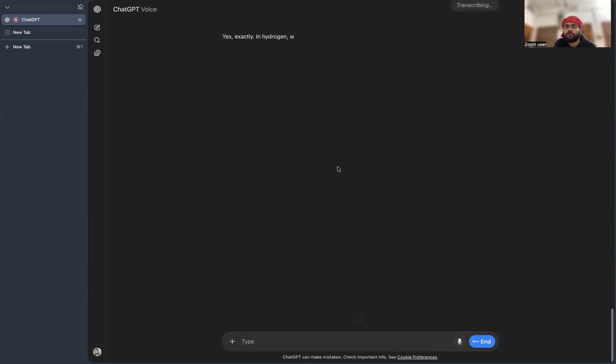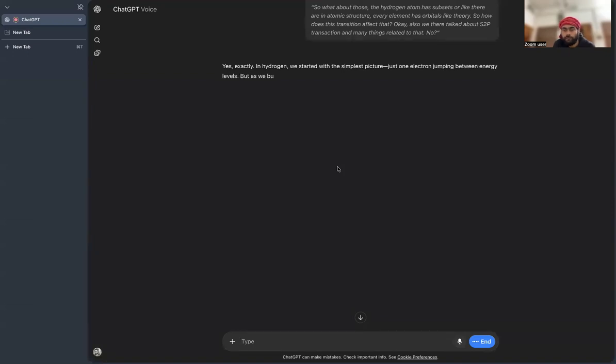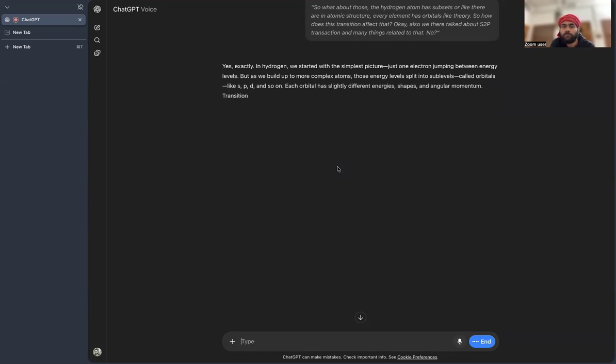Yes, exactly. In hydrogen, we started with the simplest picture, just one electron jumping between energy levels. But as we build up to more complex atoms, those energy levels split into sublevels called orbitals like s, p, d, and so on. Each orbital has slightly different energies, shapes, and angular momentum. Transitions now happen not just between principal energy levels, but between sublevels.